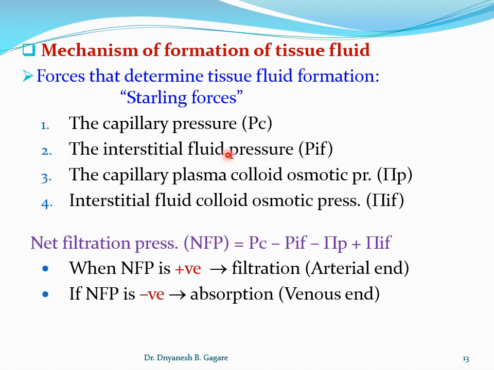Third is the colloid osmotic pressure in the capillary and the colloid osmotic pressure outside the capillary, because the mechanism of formation is across the membrane of the capillary, and these are the forces acting across the capillary membrane. Inside the capillary it is the plasma colloid osmotic pressure, and outside the capillary, in the interstitium, it is the interstitial fluid colloid osmotic pressure.